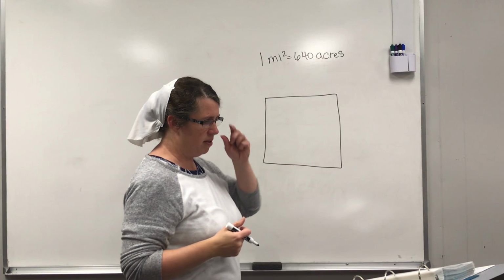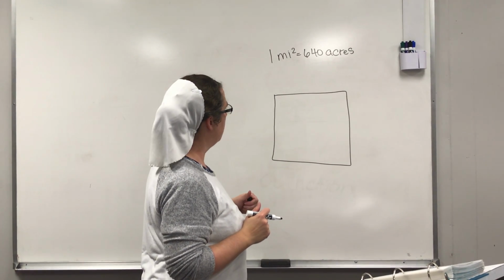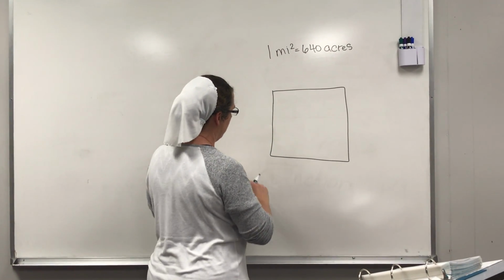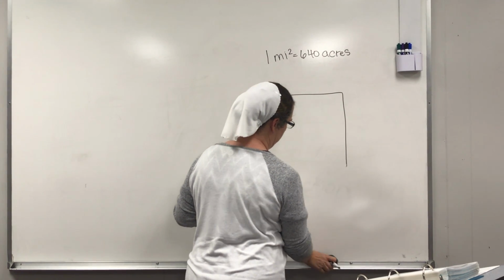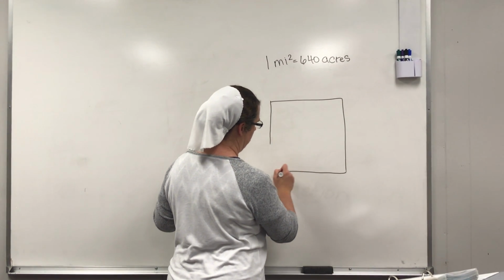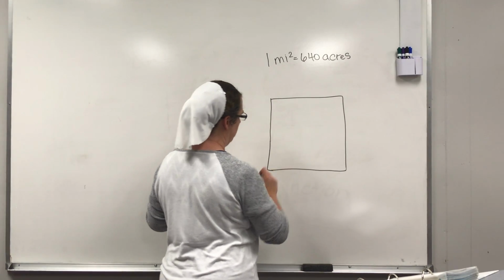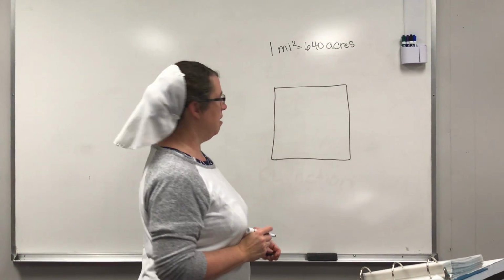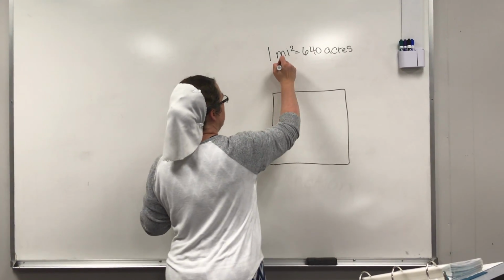This is a metric system, and they use, boy, my lines are not very straight. Five centimeters equals 1 kilometer.